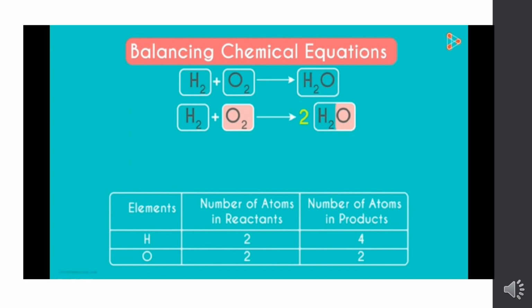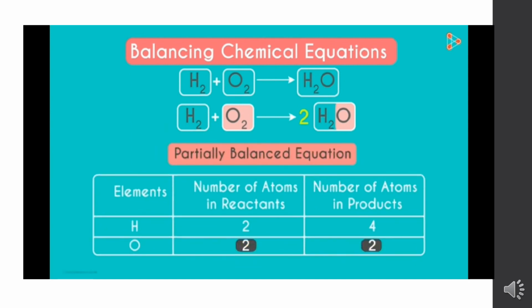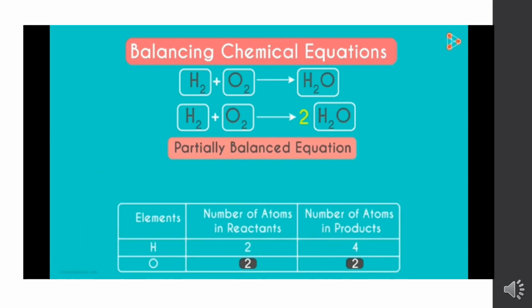So, let us try balancing the oxygen atom first. As there is 1 oxygen atom on the right and 2 on the left, we multiply H2O with 2. What we have here is a partially balanced equation.